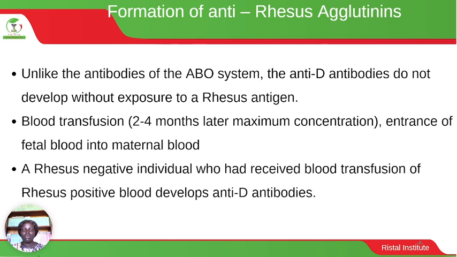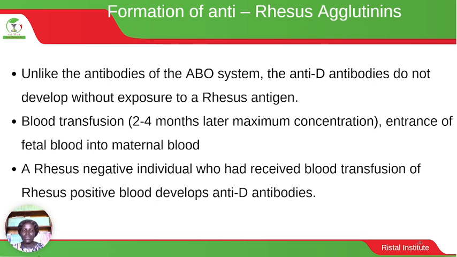So let's look at formation of anti-rhesus agglutinins. Unlike the antibodies of the ABO system, the anti-D antibodies do not develop without exposure to a rhesus antigen. So unless you are exposed to that rhesus antigen, you cannot develop any of these agglutinins.